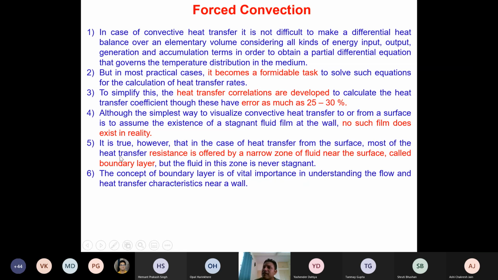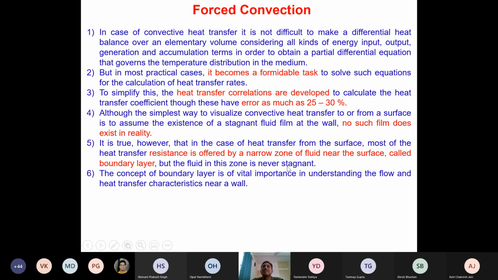In most cases, the resistance is predominantly offered in the film very close to the surface. So resistance is offered by a narrow zone of fluid near the surface called the boundary layer. But the fluid in this zone is never stagnant.